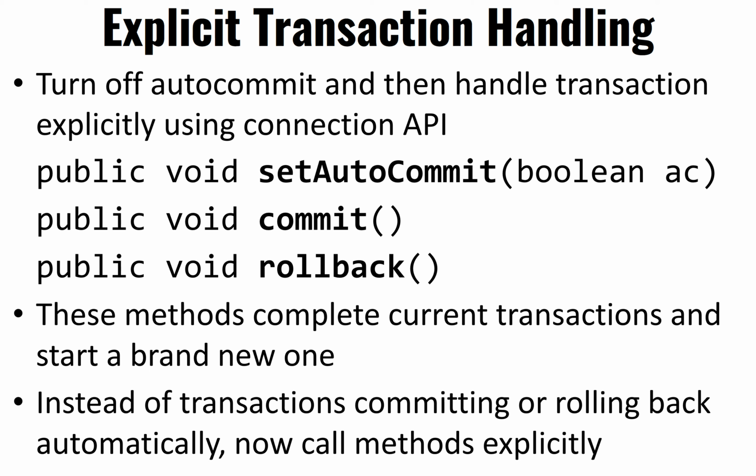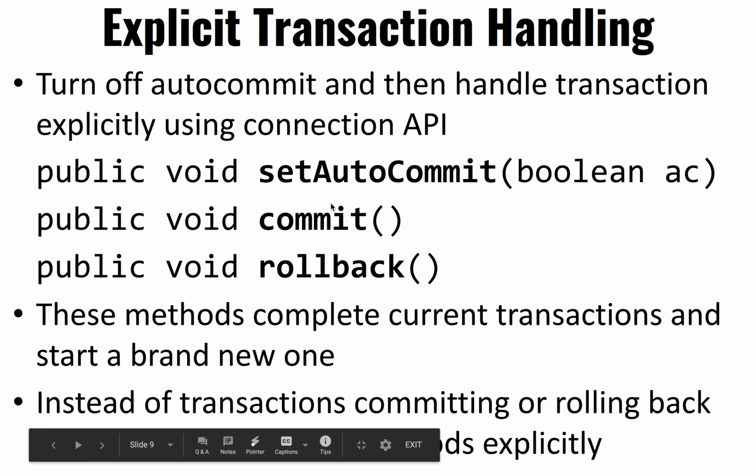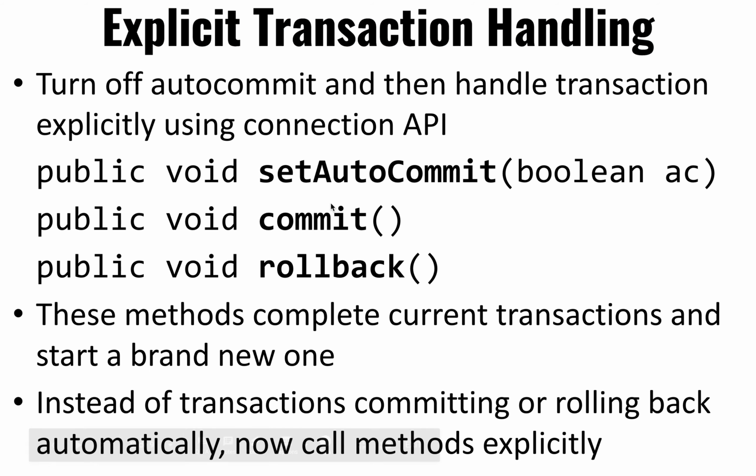But not until you explicitly call the commit function will it actually make the changes permanent. Or you can at any time just roll back and throw away all those temporary changes and go back to the previous state of the database, so that no changes become permanent.